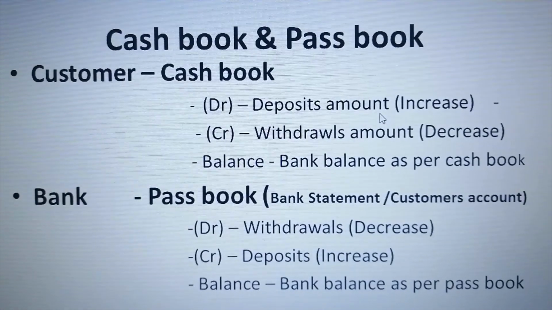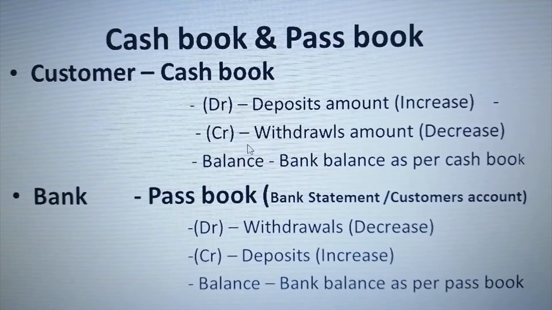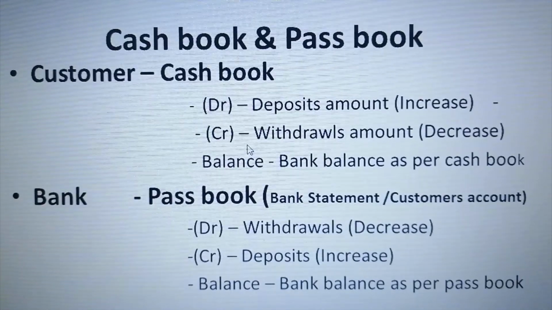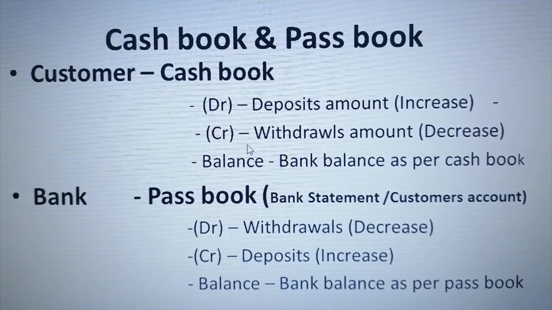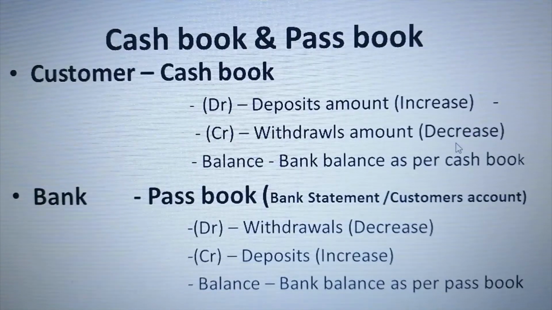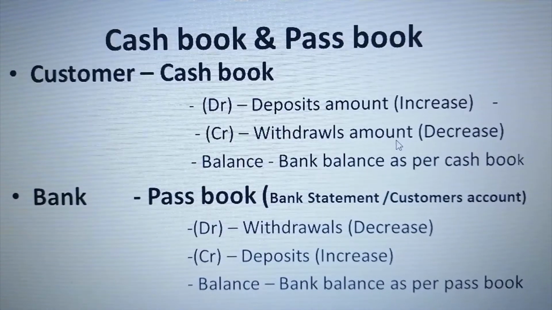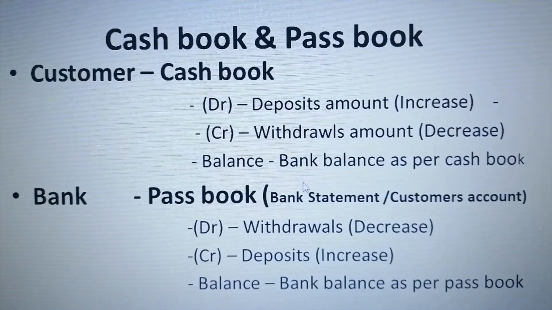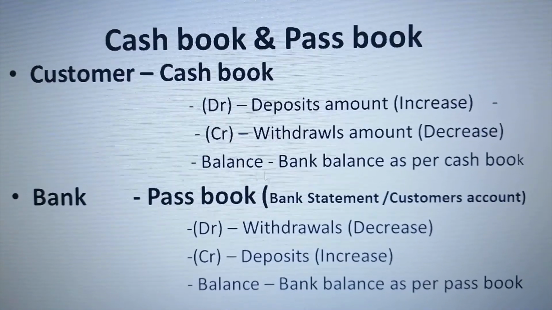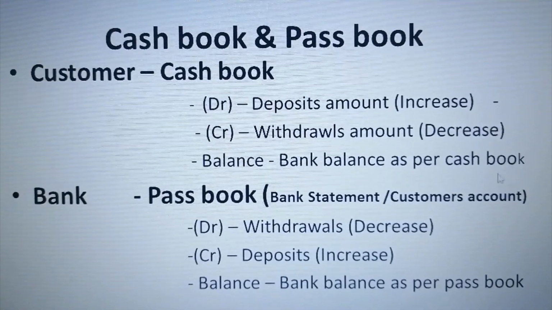This is because some deposit has been made by the customer. Whereas, if it is recorded on the credit side of the bank column, that shows the amount is decreased, that is, the balance of the customer's account is decreased. This is because some withdrawal has been made by the customer. And the balance of this bank column in the cash book is known as bank balance as per cash book.